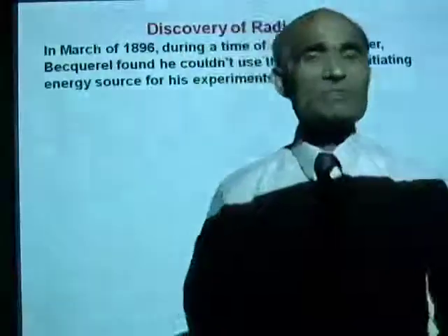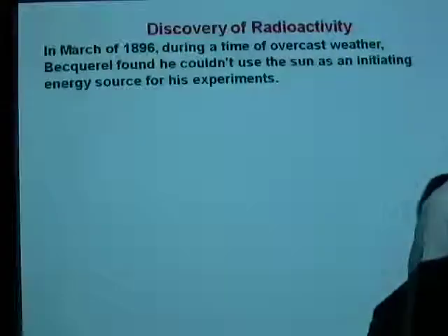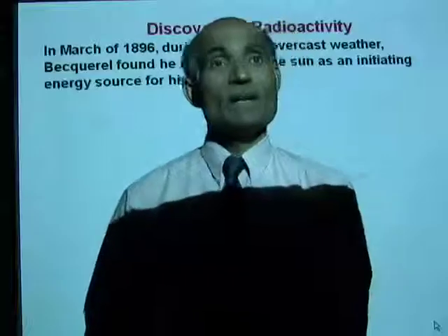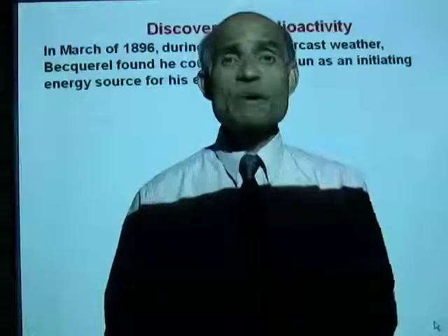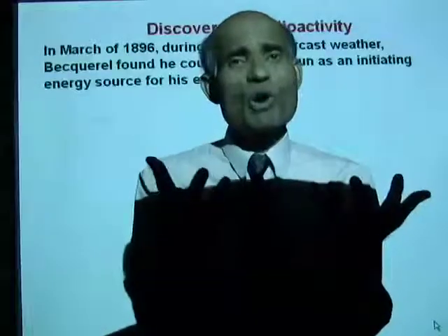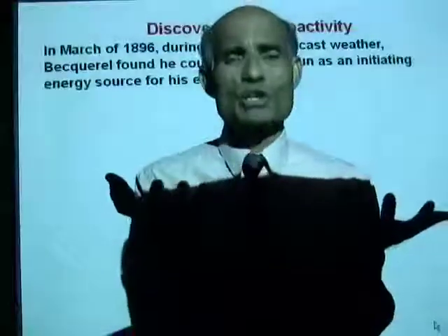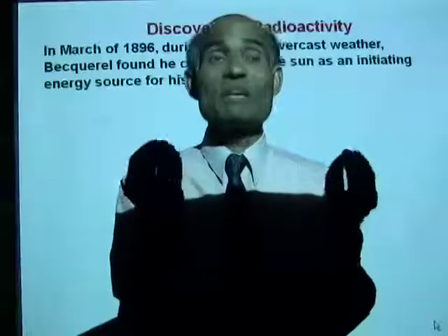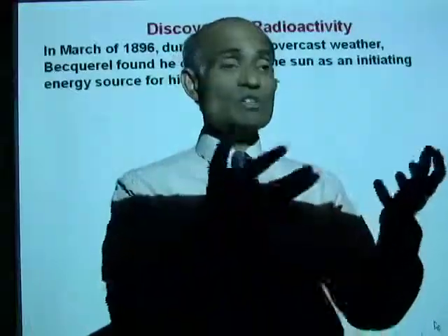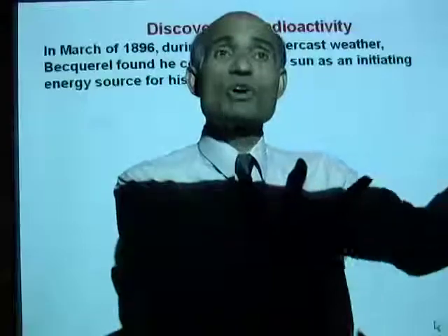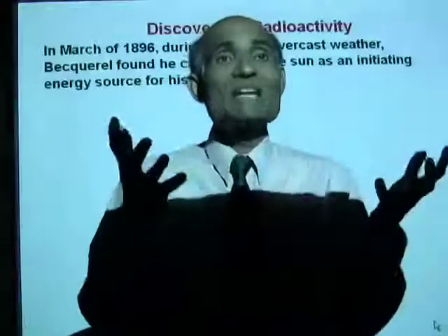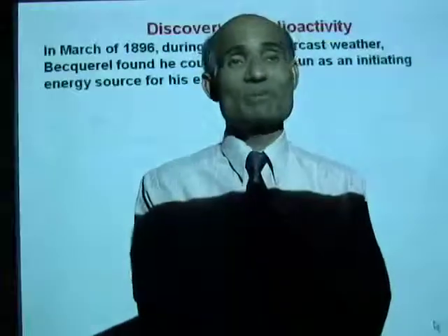Radioactivity was discovered by a scientist called Becquerel. Now, Becquerel was experimenting with a sample of uranium salt, and for his experiment he needed sunlight because he exposed the uranium salt to sunlight and he was studying the property of that material.